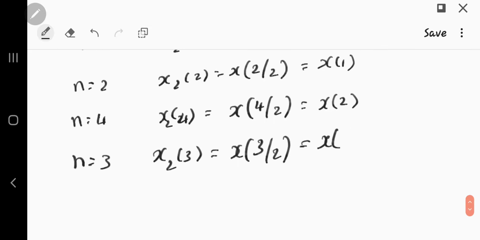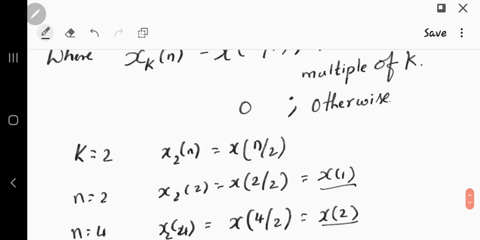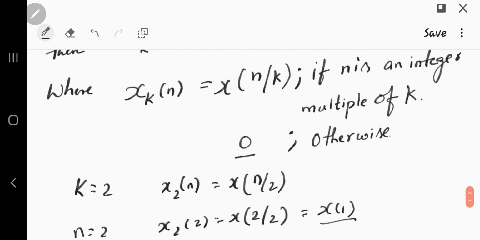That means this discrete time signal is present only at the discrete instant of time. So we can't have this x of 3 by 2 signal. That's why it becomes 0. So x_k of n will be equal to x of n by k if n is an integer multiple of k. So note that it should be an integer multiple of k.